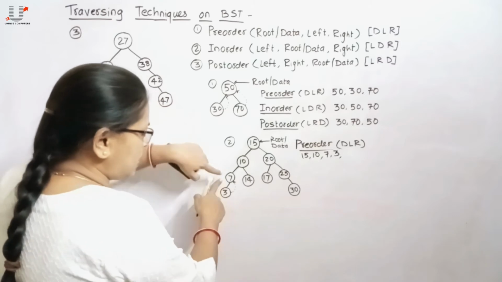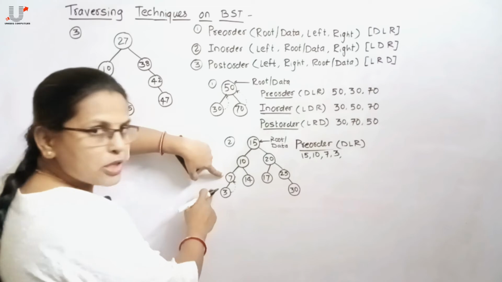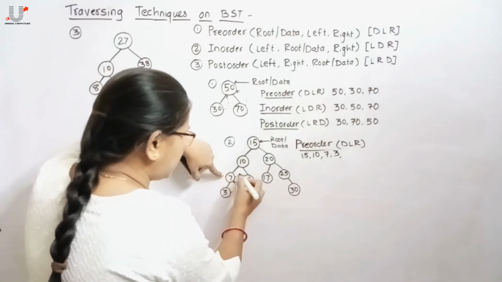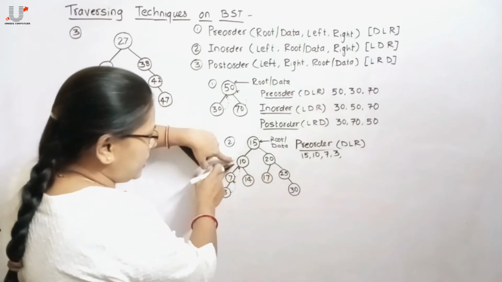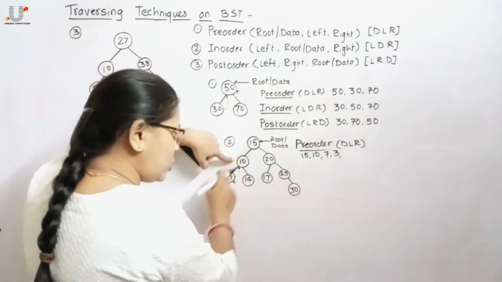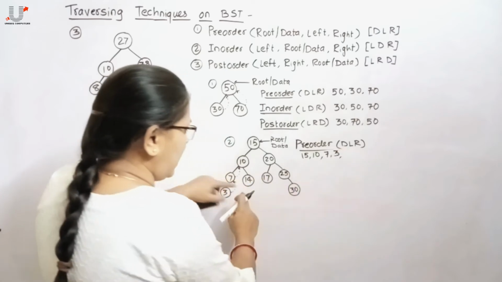So the control will transfer to this 7, as D and L have already been processed and there is no right child for this 7. So backtrack. Again check whether data is processed and its left subtree is processed, then move to the right subtree. Again apply DLR.